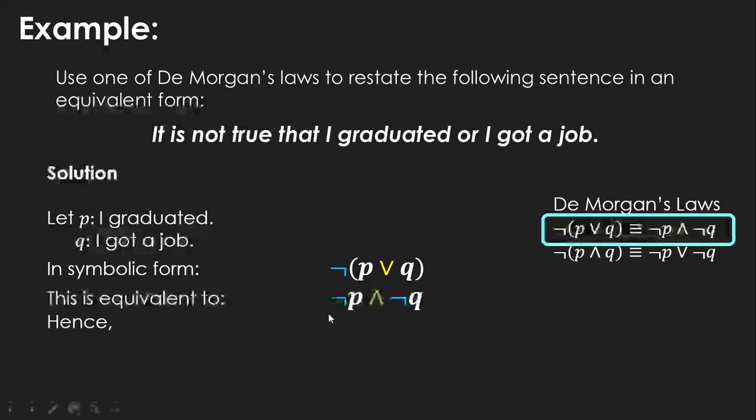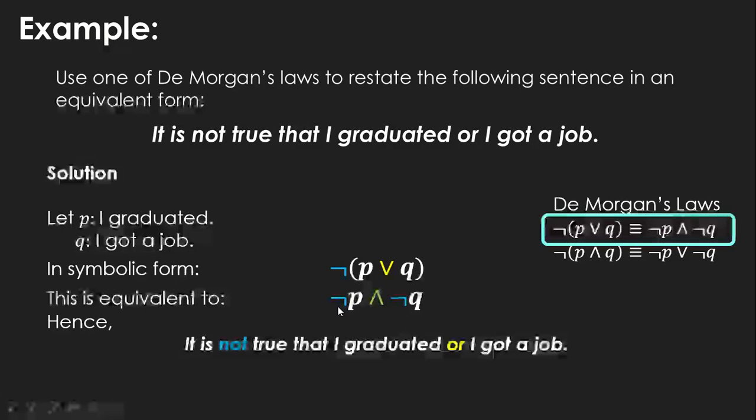Now, starting off, ito. Notice I used colors for you to determine kung saan yung na-change. Now, this is the original statement. We used blue here to indicate the negation and yellow here to indicate the original operator or.